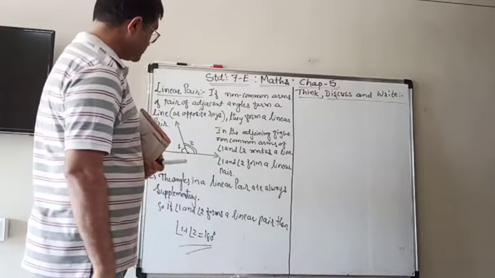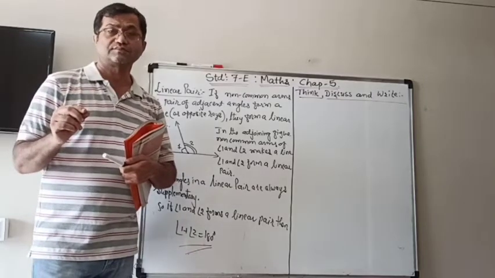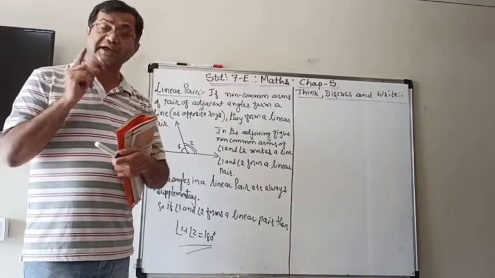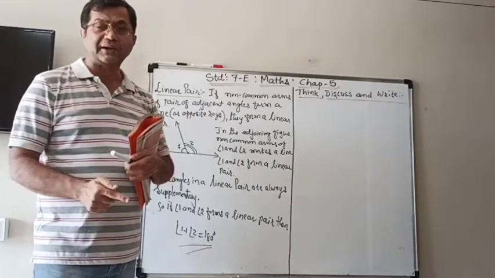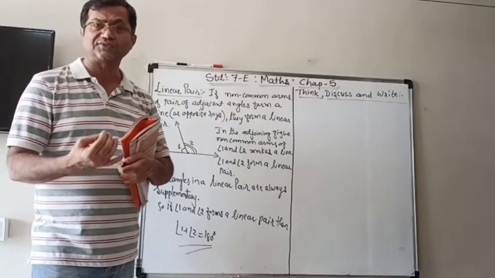Now, one thing you have to remember always, this will be very, very useful: adjacent angles that I taught you in the last session, linear pair. After that you will learn vertically opposite angles.